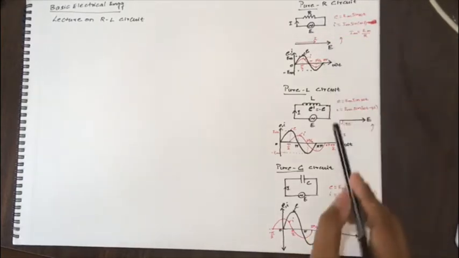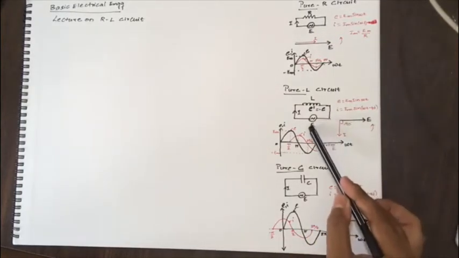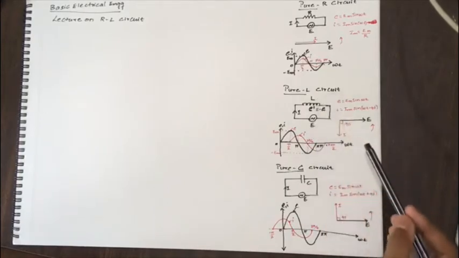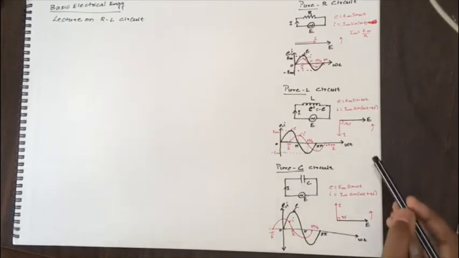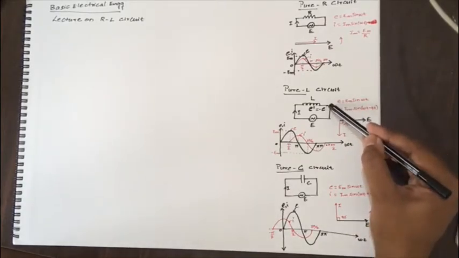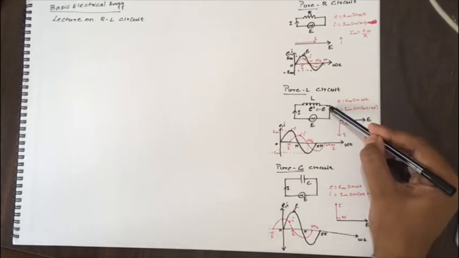The reason why current lags in the L circuit is that the nature of inductance is to oppose the change in current. Please note, it is not opposing the current, it is opposing the change in current.